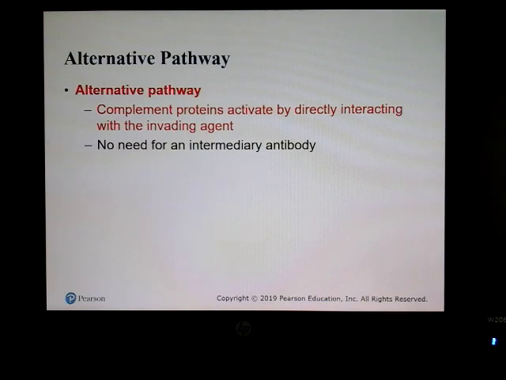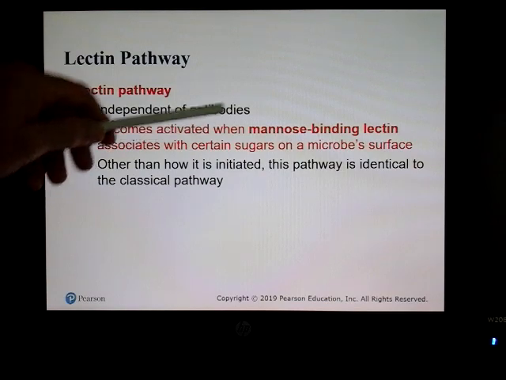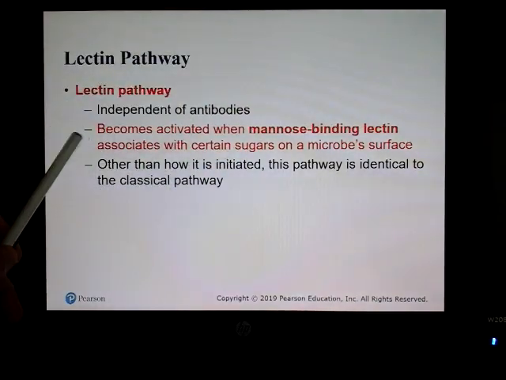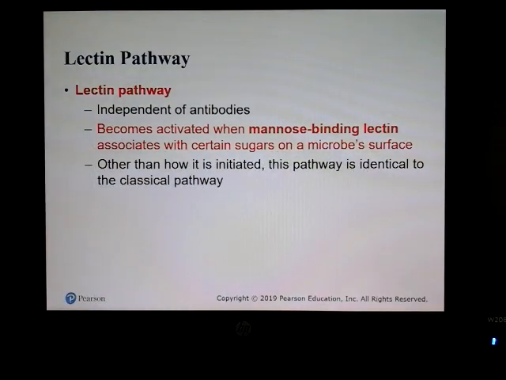It directly is going to interact with the invading agent. And the last pathway, again, it will become activated or triggered when mannose binding lectin associates with certain sugars on the microbe's surface. So that's important to know. So those are our 3 pathways. That's how they get activated.